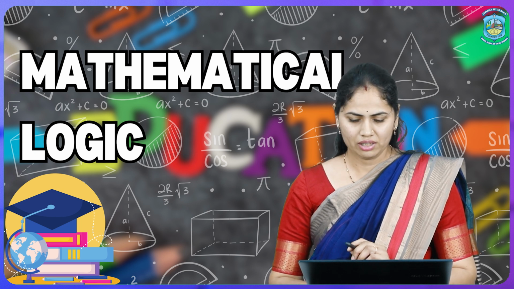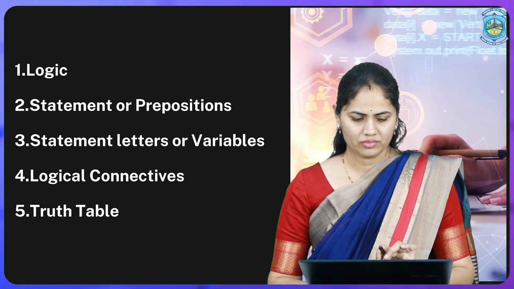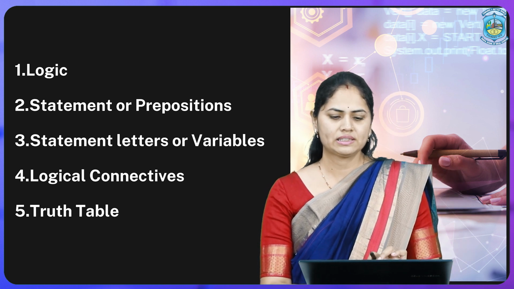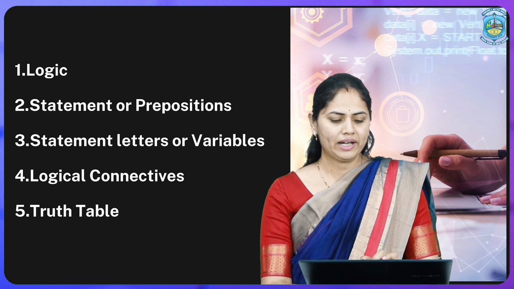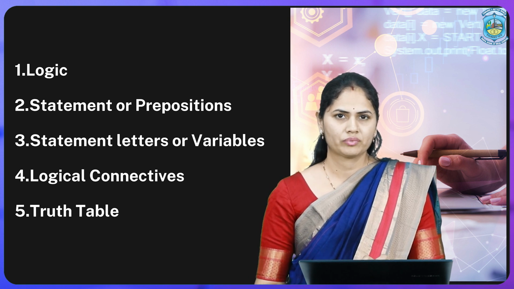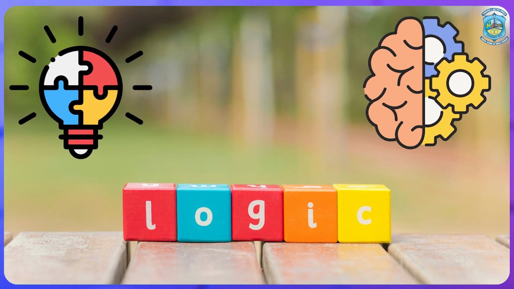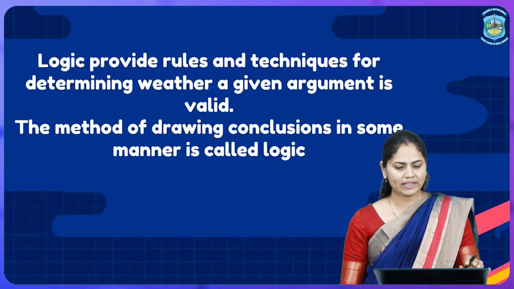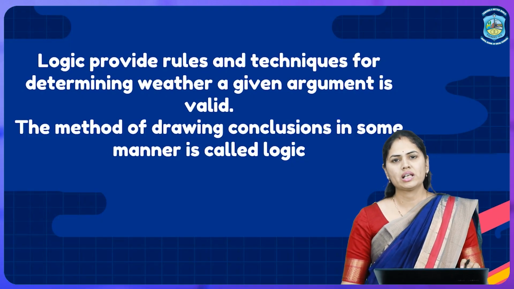In that logic, we see logic, statement or propositions, statement letters or variables, logical connectives and truth values. We'll start with the logic. What is logic? Logic provides rules and techniques for determining whether a given argument is valid or not.